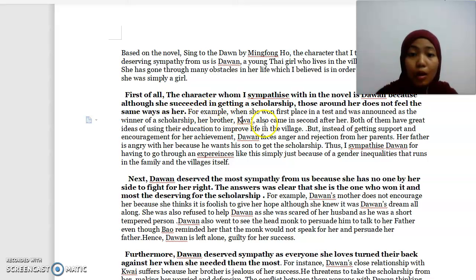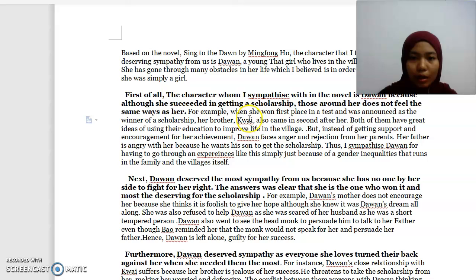So, for example, when she won first place in a test and was announced as the winner of the scholarship, her brother Kwai also came second after her. So basically, what you want to do is give a bit of a summary before getting to your point in the paragraph, with the first point that you want to share.